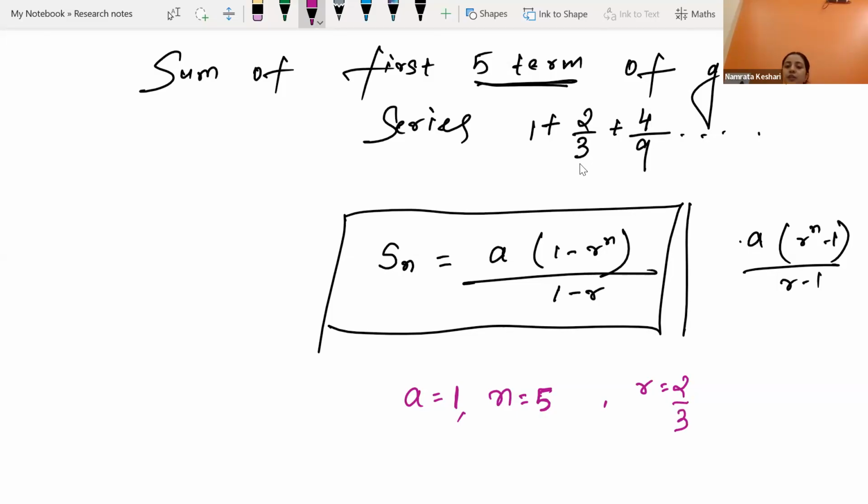See carefully, if you take the second term and divide it by 1, that means 2 by 3. To be assured that whatever r you are taking is correct, you can check the next one also. 4 by 9 divided by 2 by 3: if you divide the third term by the second term like this, you can write it as 4 by 9 multiplied by 3 by 2.